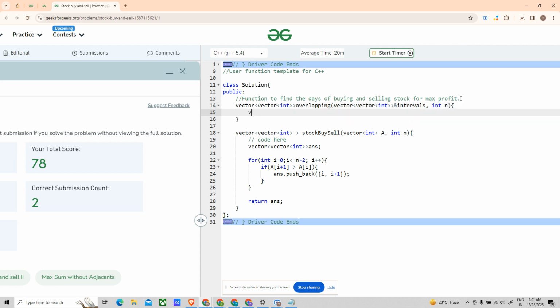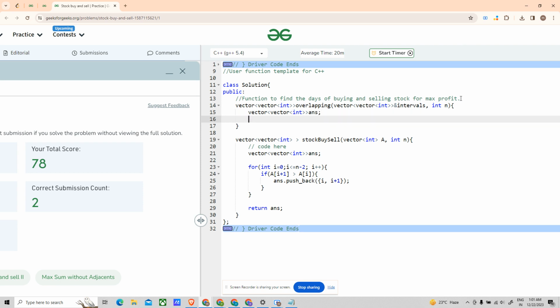Okay. What was our algo? Say it with me. Vector of int answer. Intervals dot sort. Do we have to sort the intervals here again? No, because we are storing it in this form, so sorting is not needed right now. So we do not have to sort them.